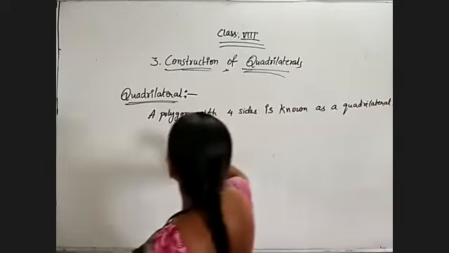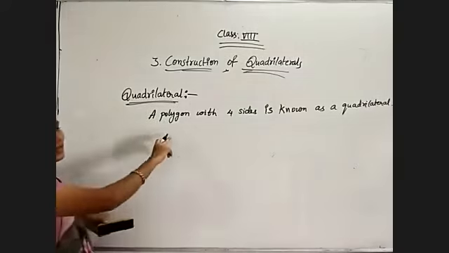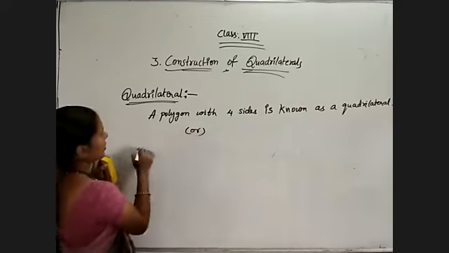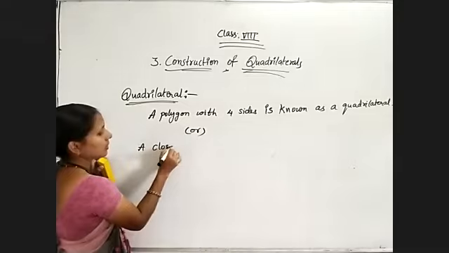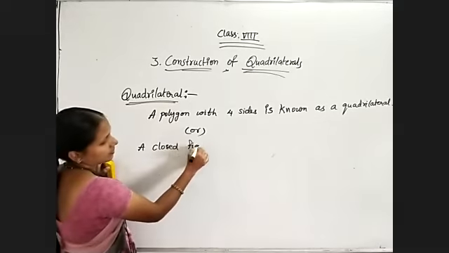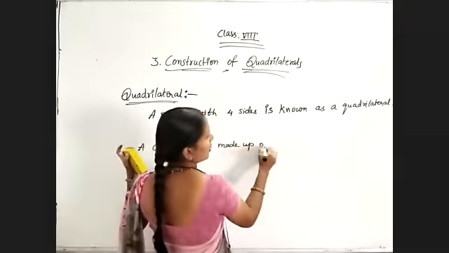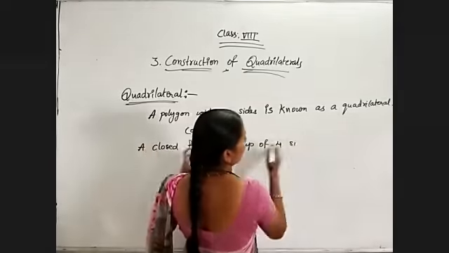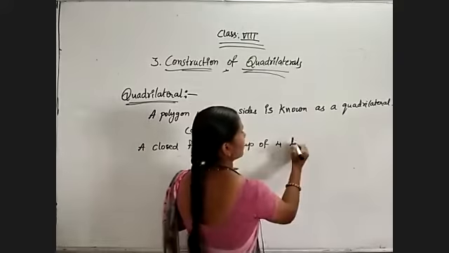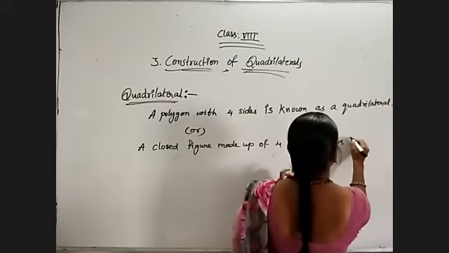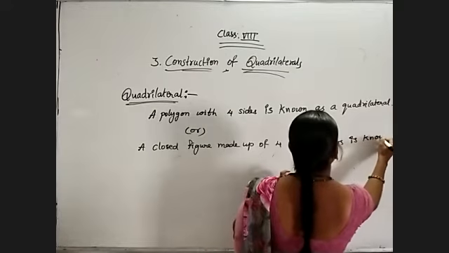So a quadrilateral is nothing but a polygon with four sides, or a closed figure made up of four sides or four line segments is known as a quadrilateral.